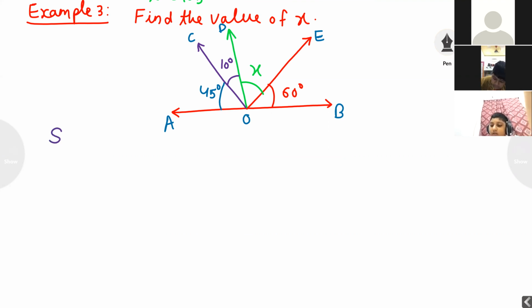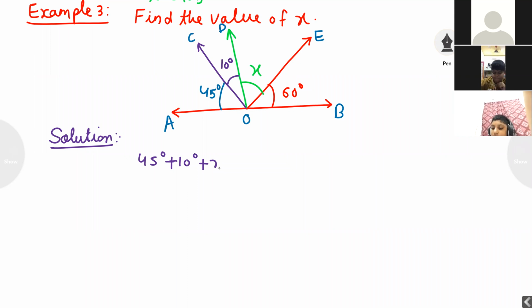Solution. Because each and every angle is adjacent to each other, 45 degrees plus 10 degrees plus x plus 60 degrees is equal to 180 degrees. Linear pair angle.